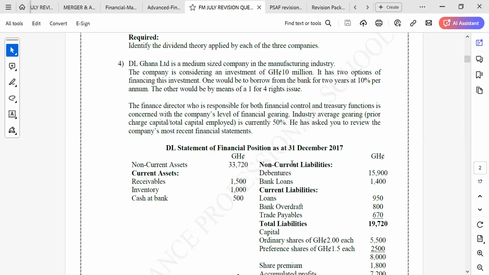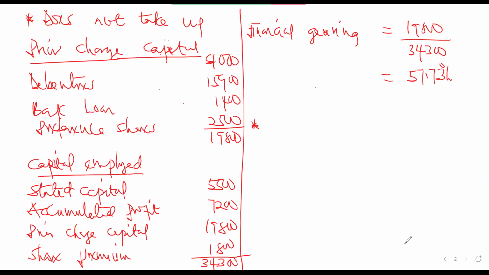So the 10 million is going to increase our prior charge capital, and our capital employed will also increase by 10 million. That will be an increment in assets because we are going to be receiving it as cash, and our liability will also be increasing.